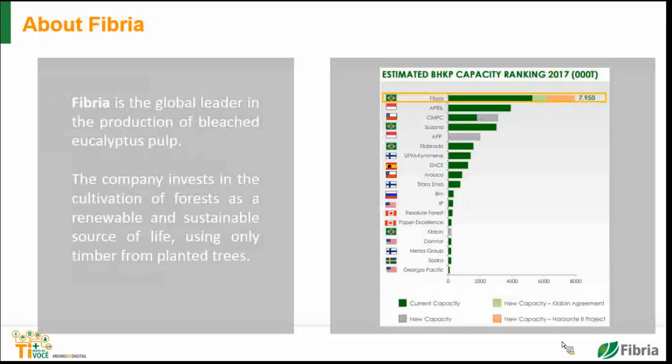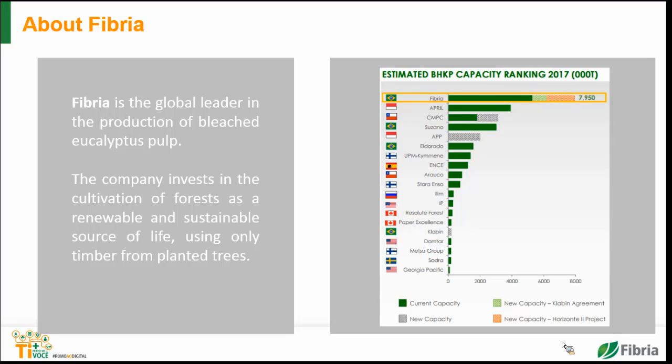So, talking about Fibria, Fibria is the global leader in the production of bleached eucalyptus pulp. The eucalyptus pulp is the raw material for cellulose, and our company invests in the cultivation of forests that are a renewable and sustainable source of life.